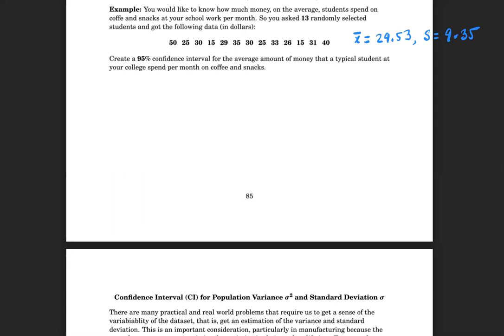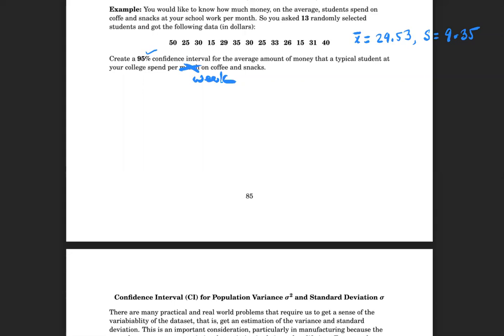Okay. Now, again, we are going to try to create a confidence interval for the average amount of money that students spend per week, right? This is per week actually, not per month. So this is what the data.